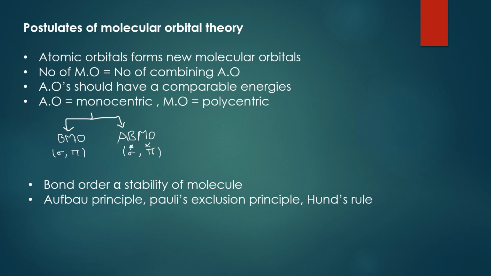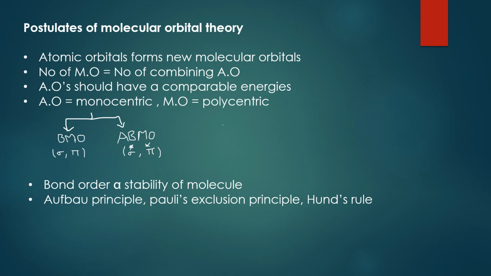Let us see the postulates of molecular orbital theory. The first postulate tells us that atomic orbitals combine together to form new molecular orbitals. When two atomic orbitals combine, they lose their identity to form new molecular orbitals. Let us take an example, the hydrogen molecule, for understanding the first postulate.